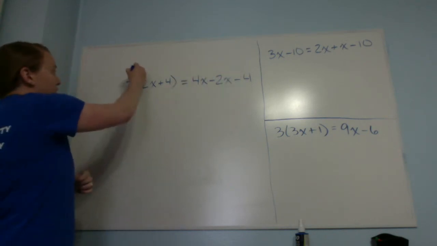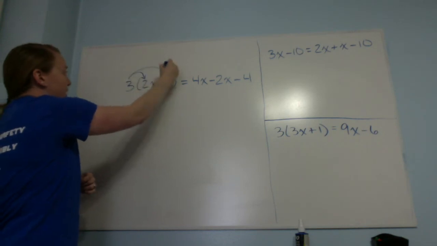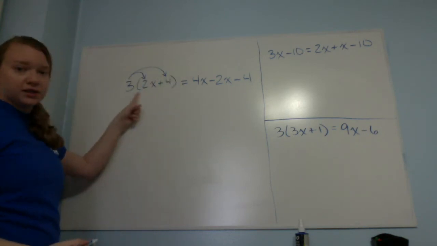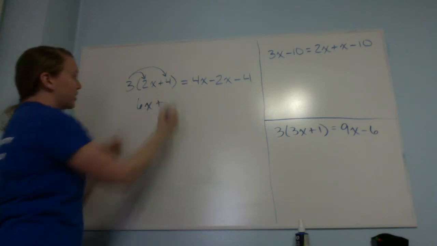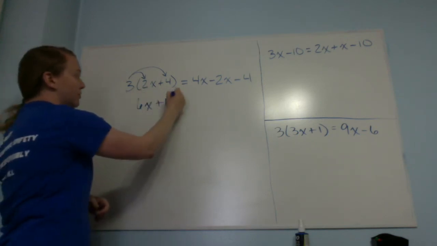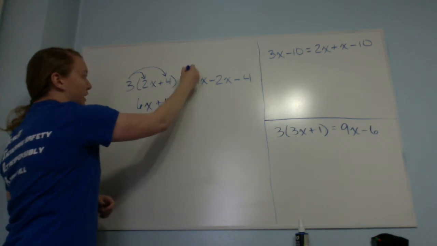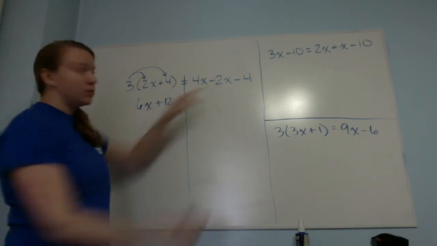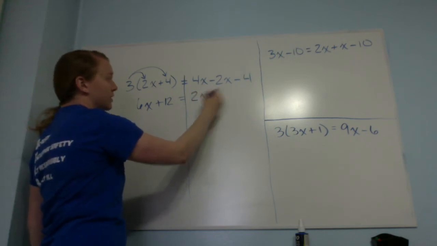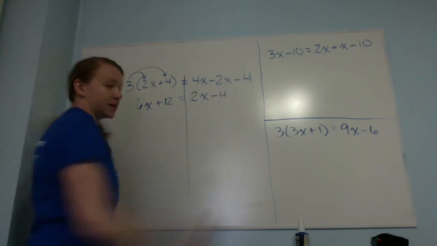So I'm taking my 3 to the 2x and to the 4. 3 times 2x is 6x, plus 3 times 4, which is 12. On the other side, I have 4x minus 2x, which is 2x, and then my minus 4 stays there.